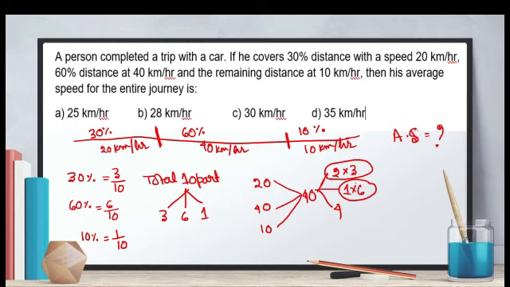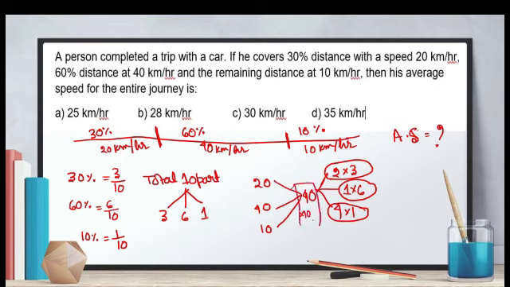And 1 part with 10 km per hour, so this 1 will be multiplied here. And this total 10 part will be multiplied with this 40.